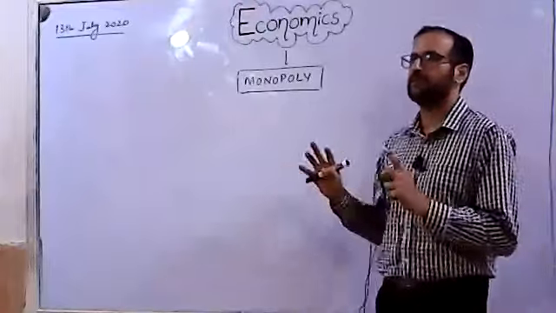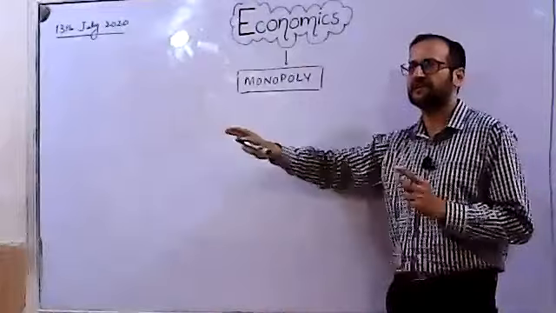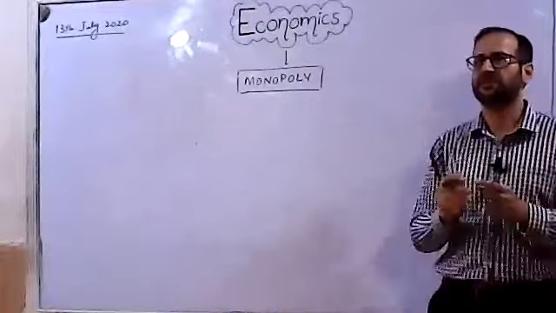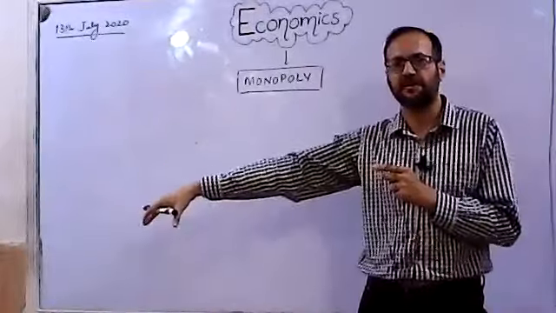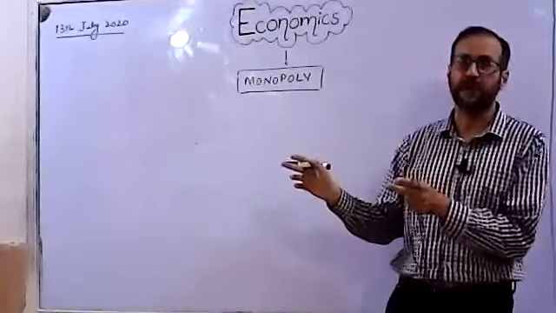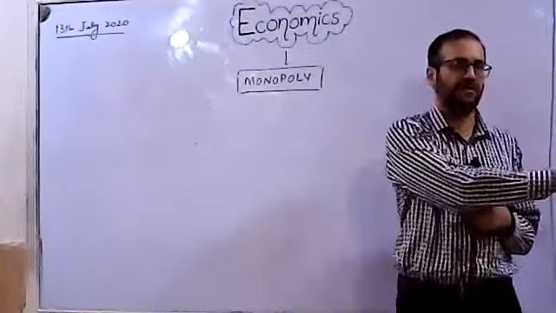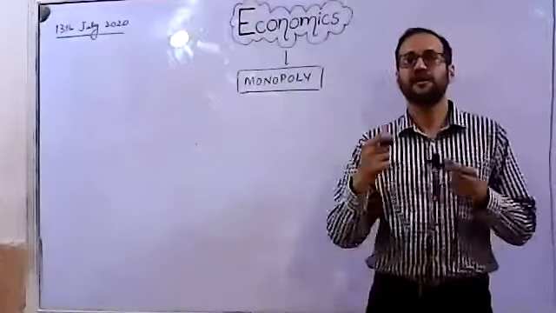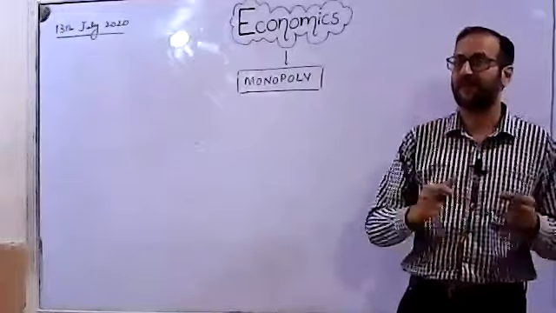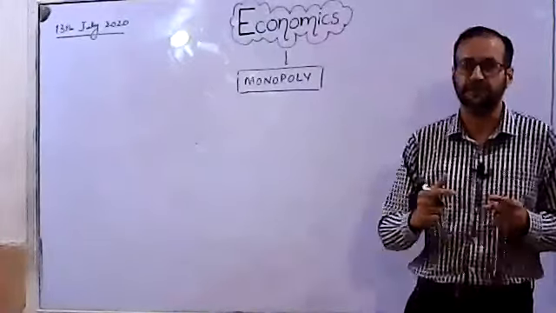Okay, now what about the monopoly? The monopoly is the other side of the market structure. If perfect competition is at one extreme end of the market structure, which includes a large number of buyers and sellers, the monopoly is on the opposite side, where we have a large number of buyers, but not a large number of sellers.